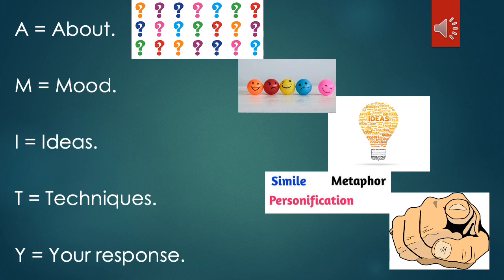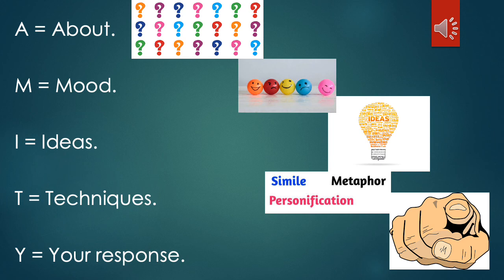The next letter is the letter T, and this stands for techniques. As you read through the poem, what stands out to you? Is it a particular single word that's effective, a certain adjective, verb or noun? Is it one of those magic three that we have on the screen now, the similes, metaphors and personification?